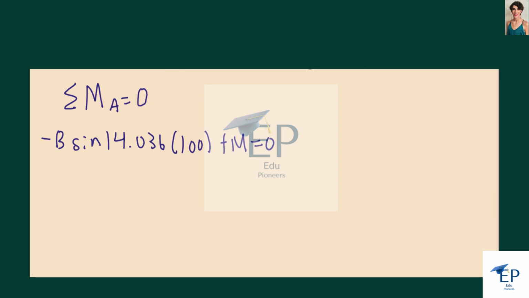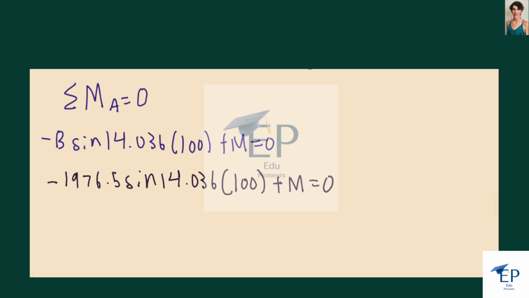So we plug in B, and that will give us negative 1976.5 times the sine of 14.036 times 100 plus M is equal to 0. And solving for M, we get a value of M that is equal to 47.94 newton meters. And that completes part B.